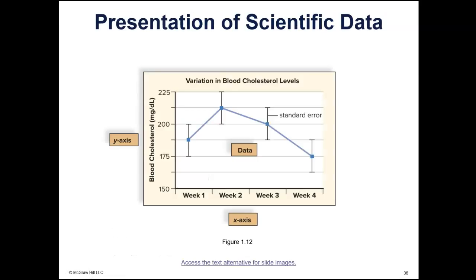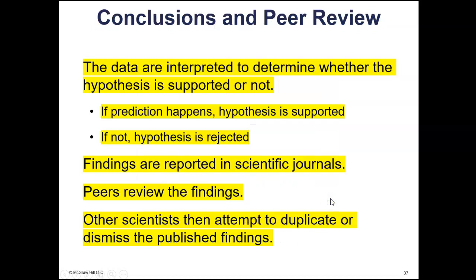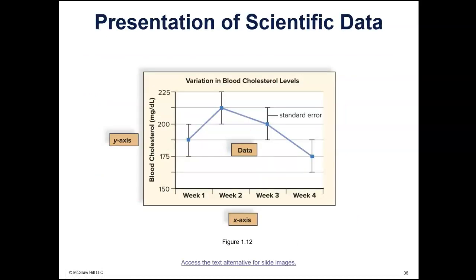For example, here we have a graph of blood cholesterol levels over 4 weeks. It's showing the variation between 175 and 200, and then between 200 and 225. So this would be like 187, 188. And this would be like 212 or 213. This is 200 for week 3, and then week 4 is 175.